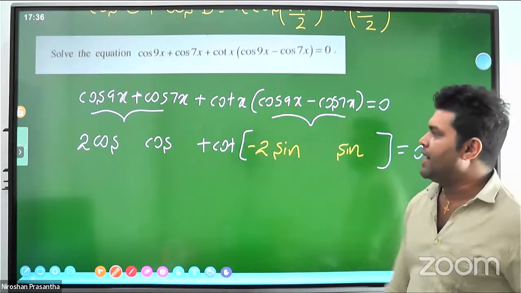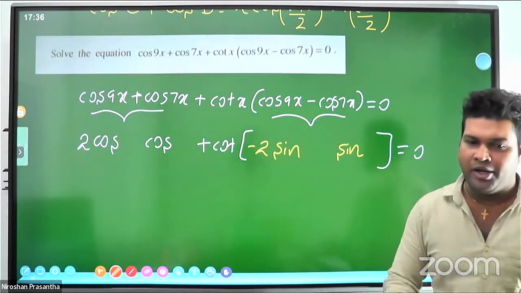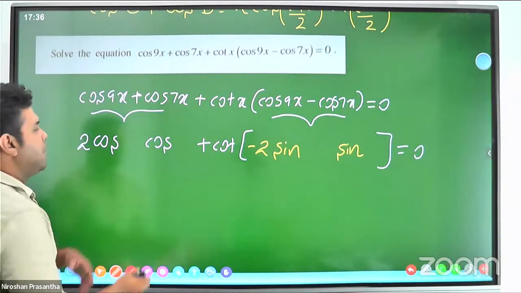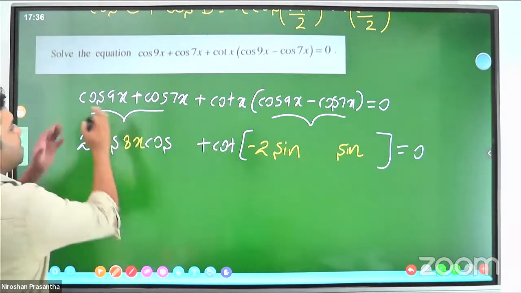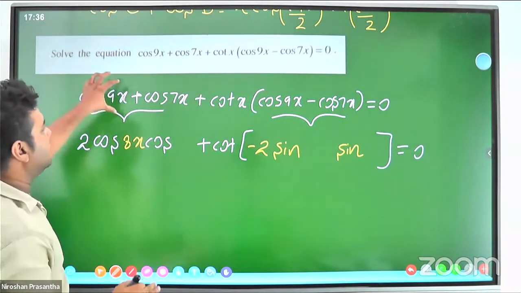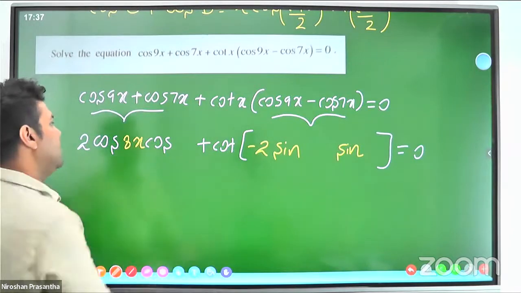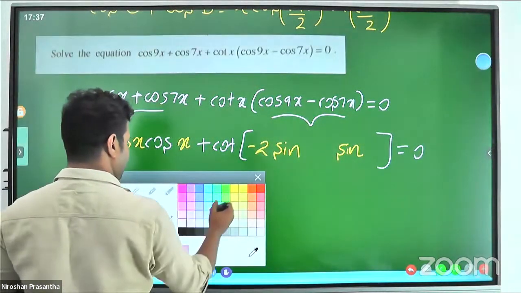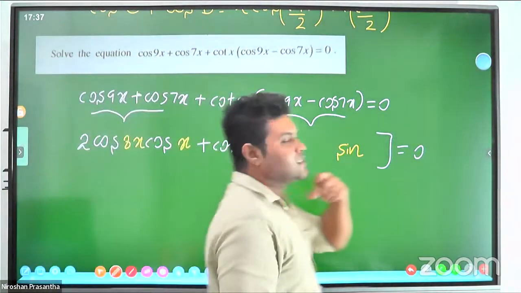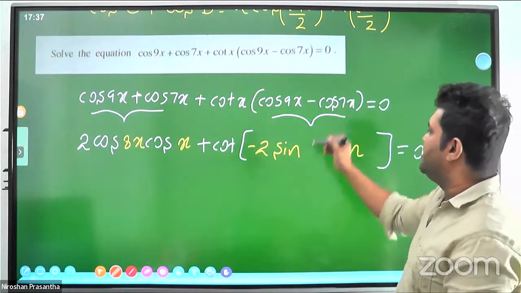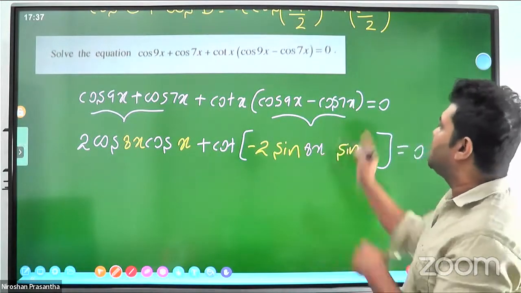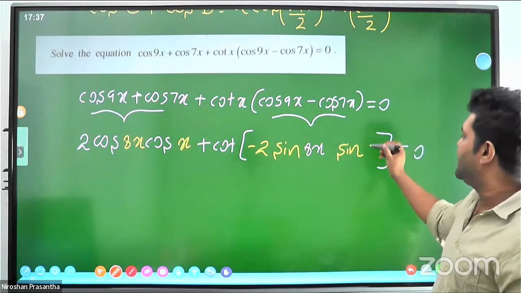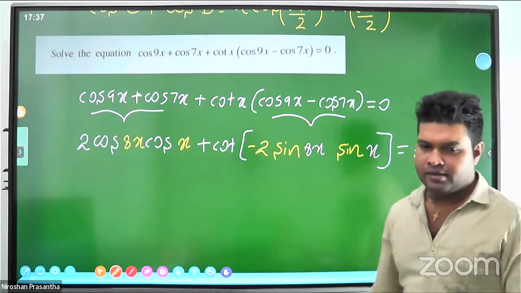The sum of the angle 16x divided by 2 is 8x. The subtraction of the angle, 9x minus 7x is 2x, divided by 2 is x. The same again here: sum of the angle 16x divided by 2 is 8x, and subtraction 2x divided by 2 is x.